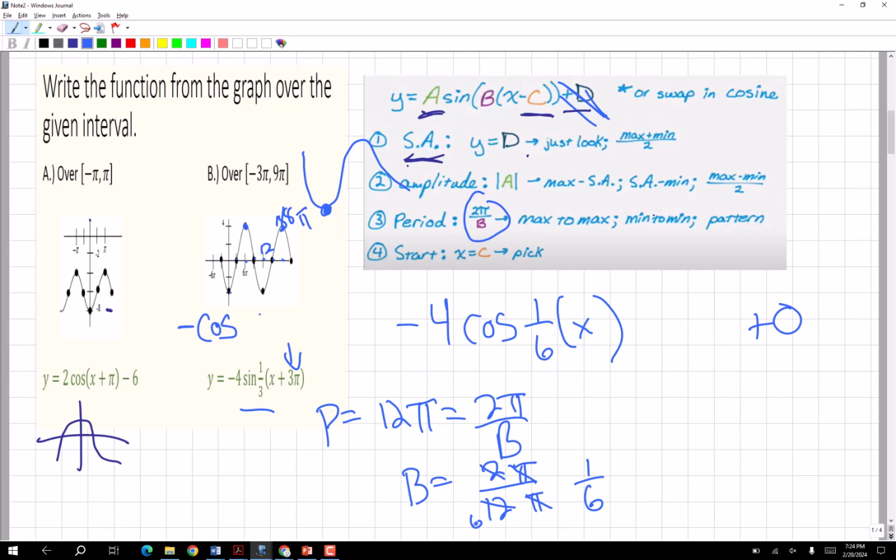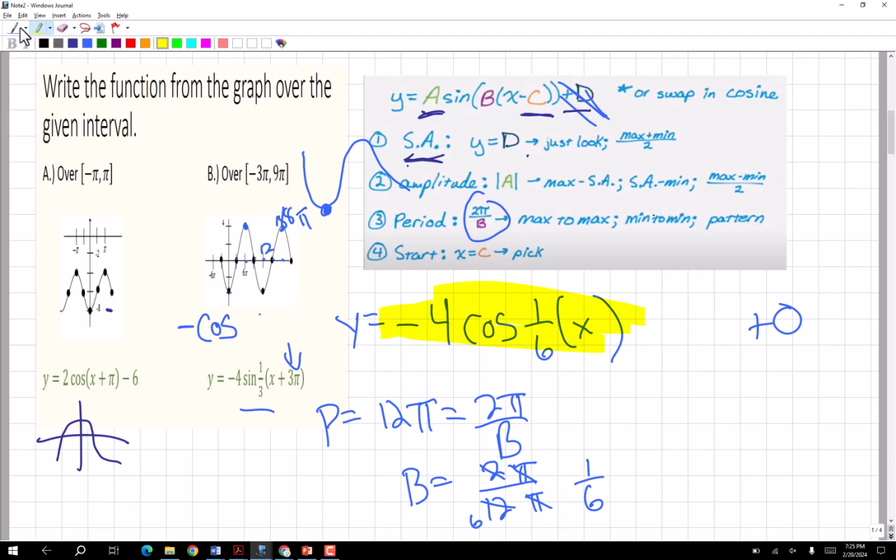It should be 1/6. They have 1/3. Pause. I'm surprised they have this period wrong. I'm 100% right. My period is right, and this is 1/6. So I did -4 cosine 1/6 x, plus 0, but I'm going to get rid of it. So this is a correct answer right here.